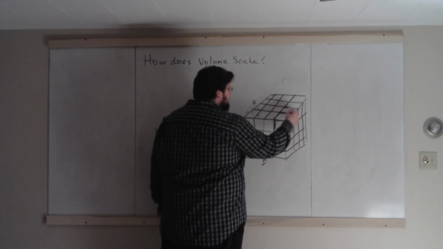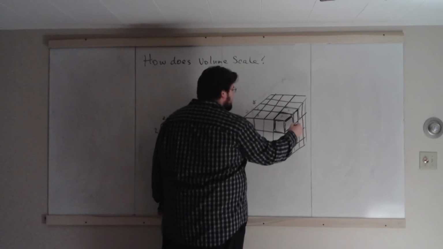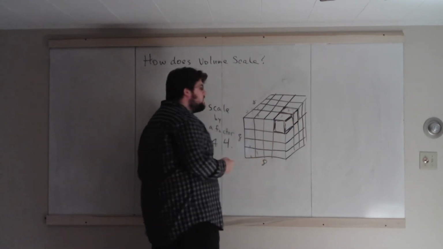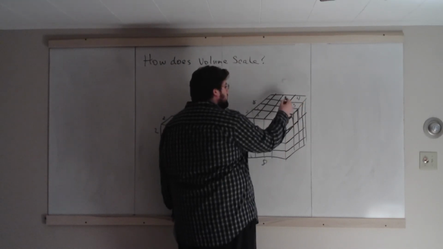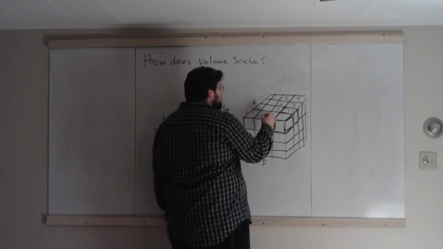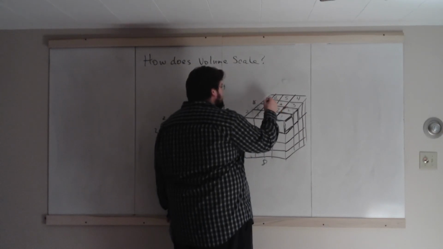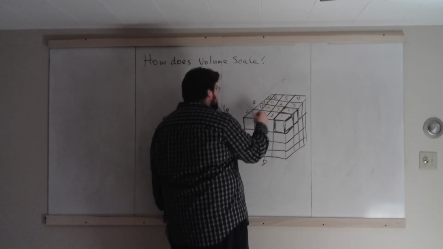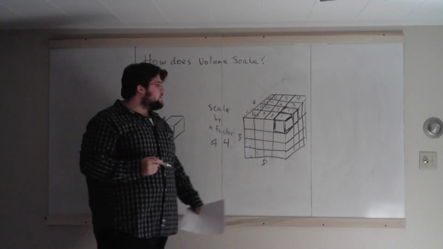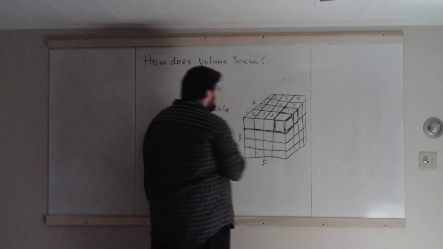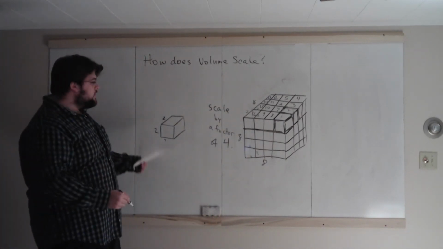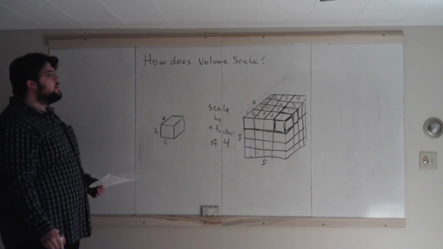Here's a third one. Here's a fourth one. Here's a fifth, sixth, seventh, eighth, ninth, 10th, 11, 12, 13, 14, 15, and 16. So right here we see that that top layer has 16 of these cubes that we started with.